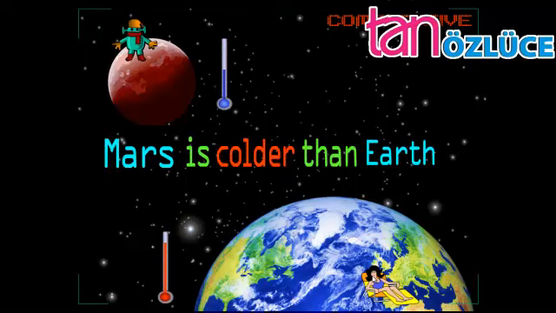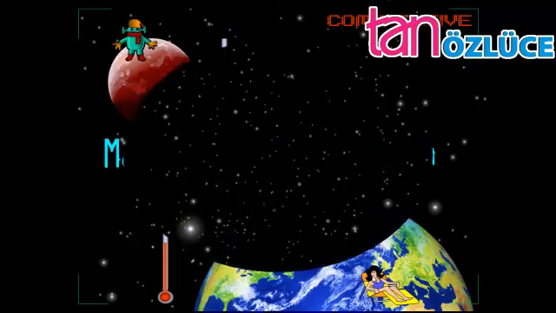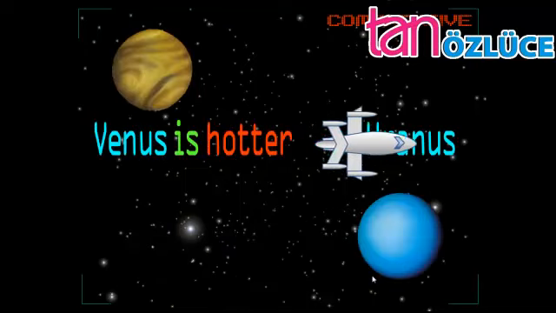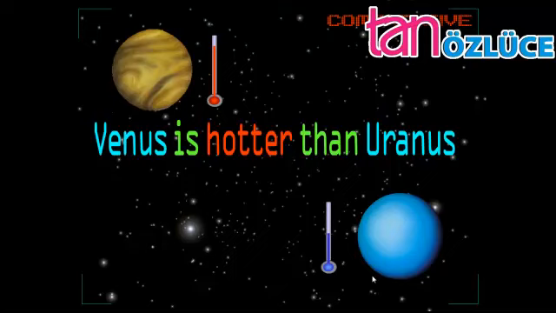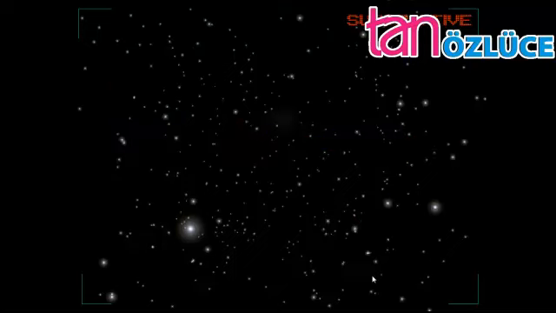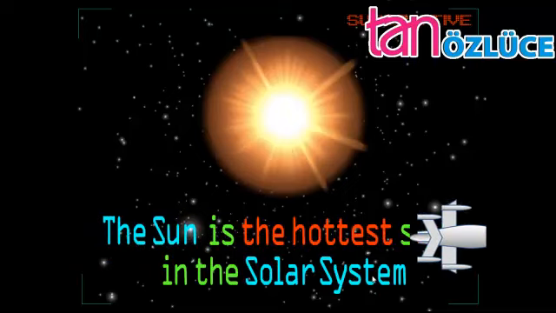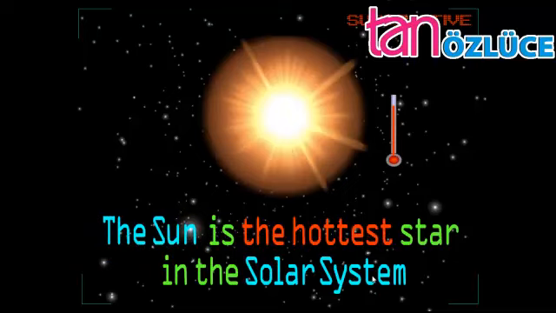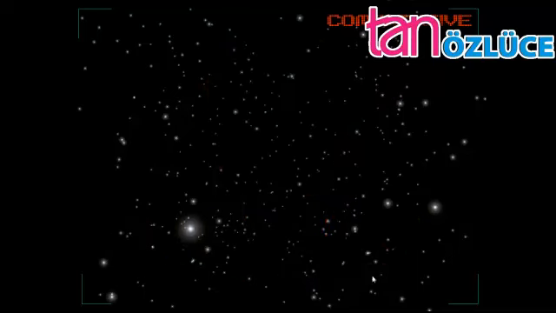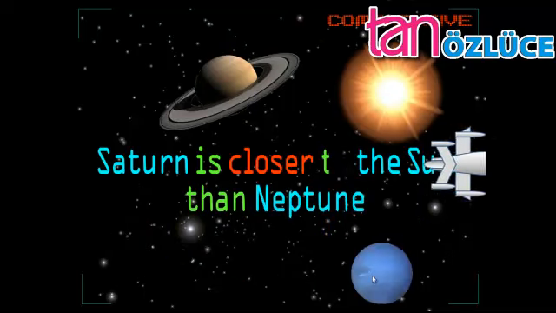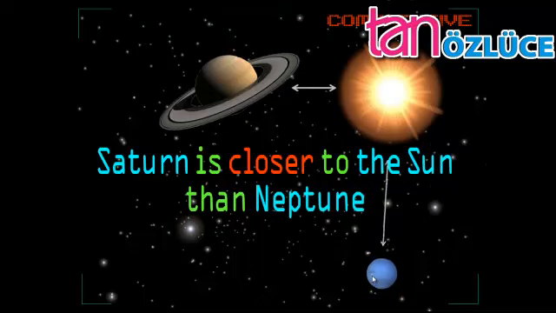Mars is colder than Earth. Venus is hotter than Uranus. The Sun is the hottest star in the solar system. Saturn is closer to the Sun than Neptune.